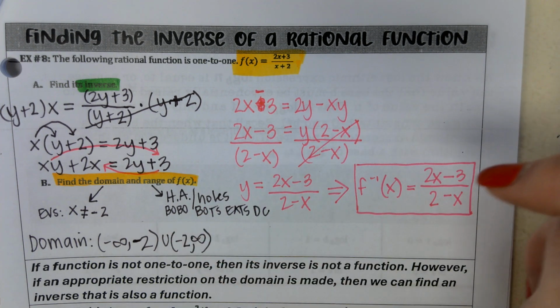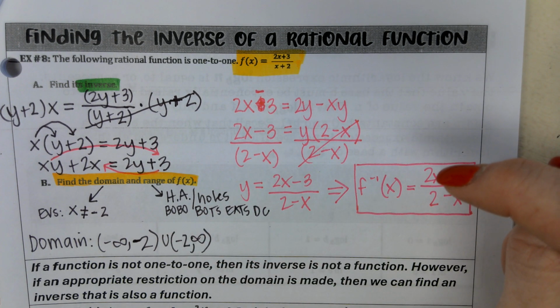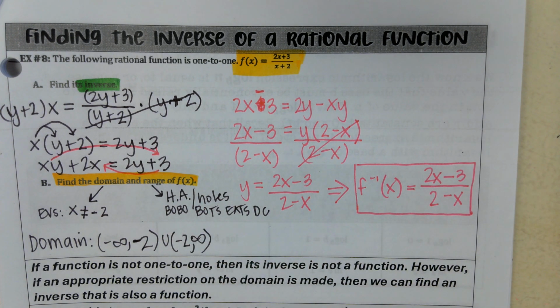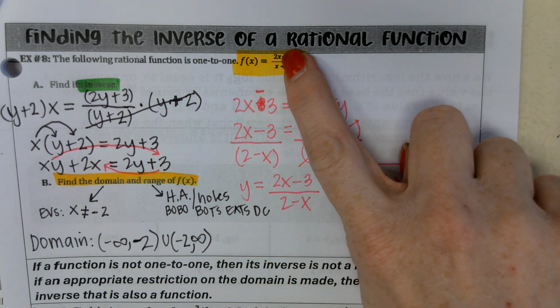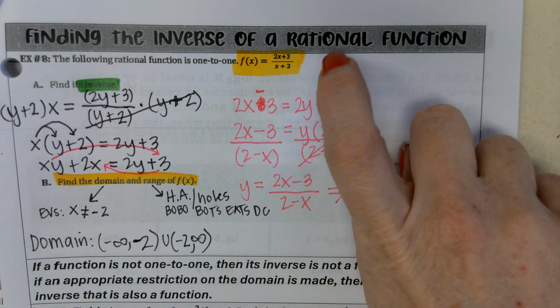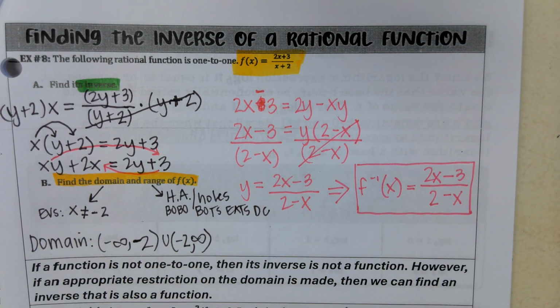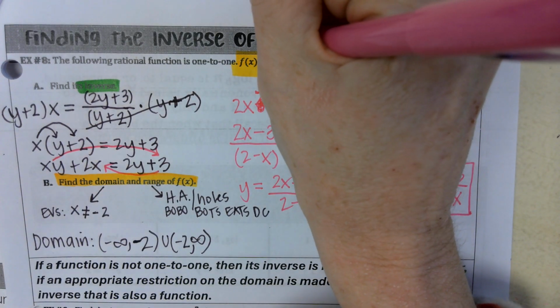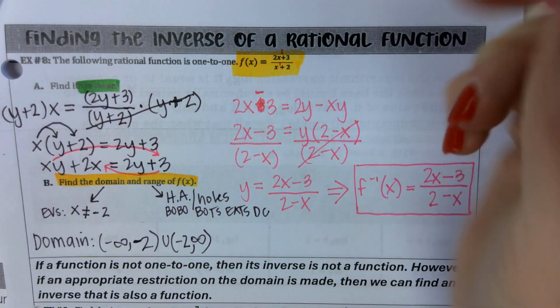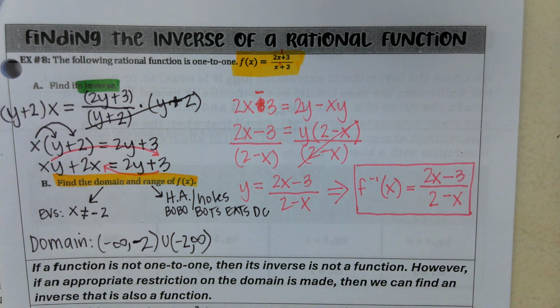So all I need to worry about is horizontal asymptotes. That's where we compare the exponents. I have 2 times x, that's to the first power, and down in the bottom, the highest thing has a first power.